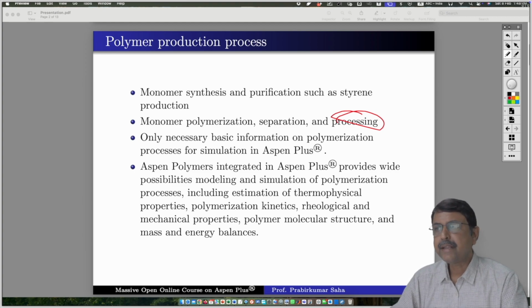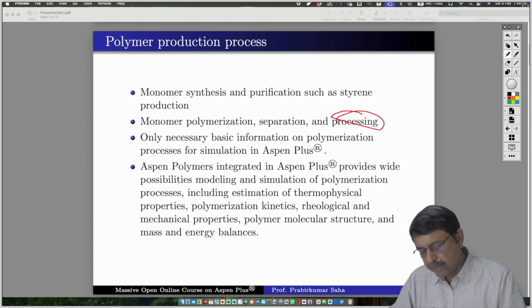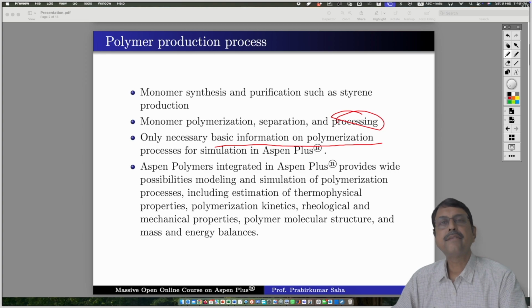Now, in this lecture, we will only discuss the basic information of the polymerization process that is required for the simulation in Aspen Plus.